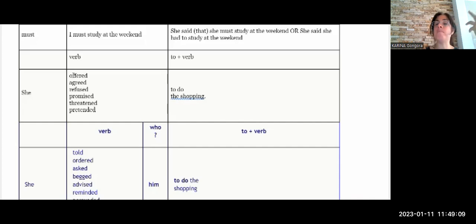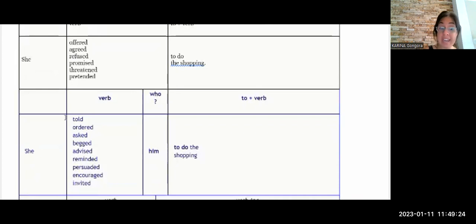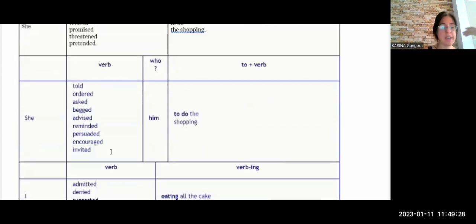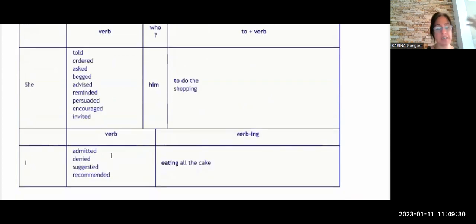Yes, you are giving more background. You are giving more understanding. The problem is that when you use reporting verbs like offered, agreed, refused, promise, threaten, pretend, beg, advise, remind, persuade, encourage, invite, admit, deny, suggest, recommend.